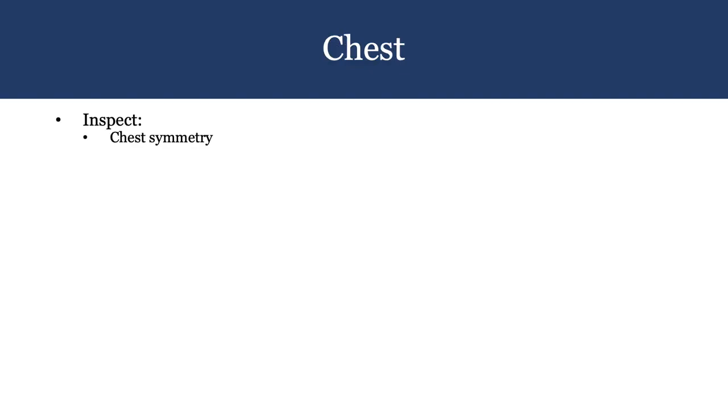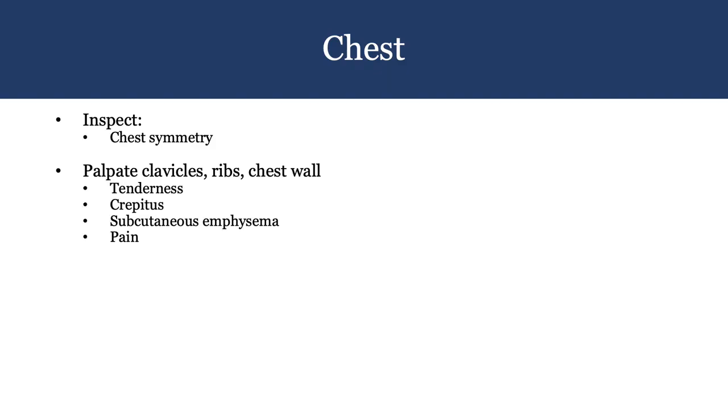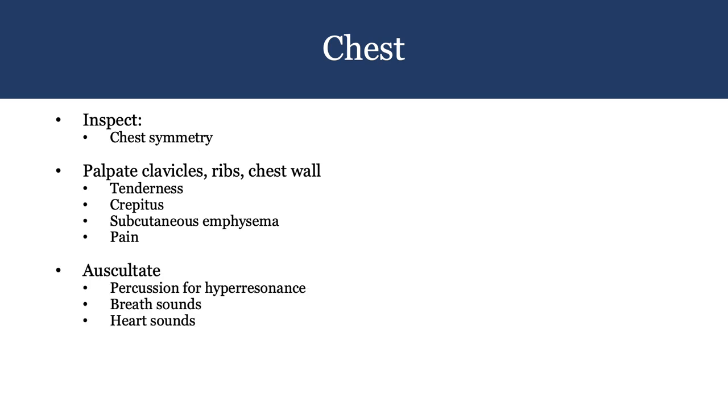In the chest, inspect the chest for symmetry, palpate the clavicles, ribs, and anterior chest wall for crepitus, tenderness, subcutaneous emphysema, and pain that could point to fractures. Auscultate the chest, percuss for hyperresonance that could point to pneumothorax.